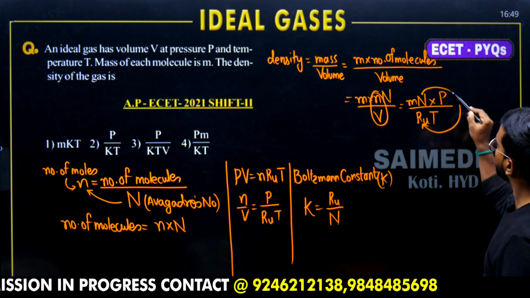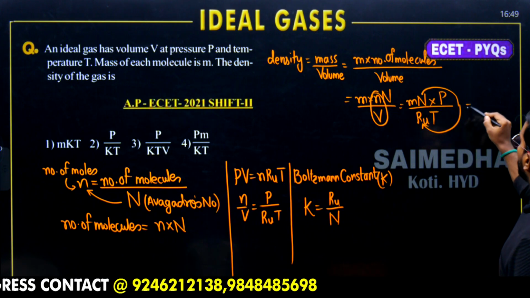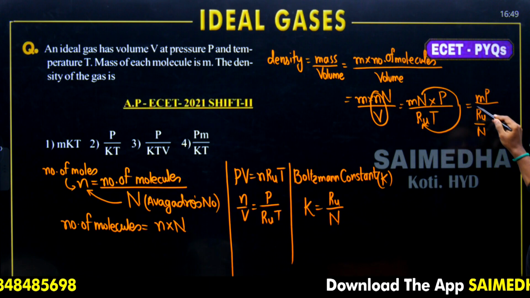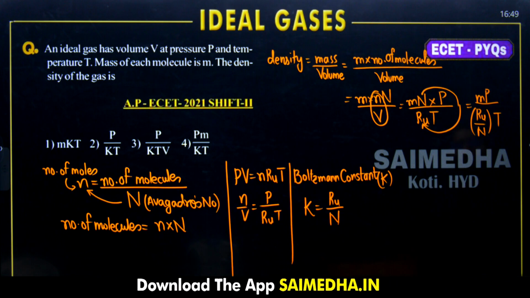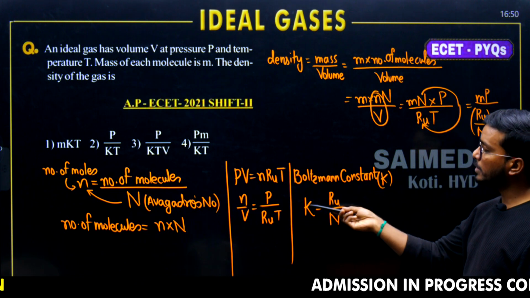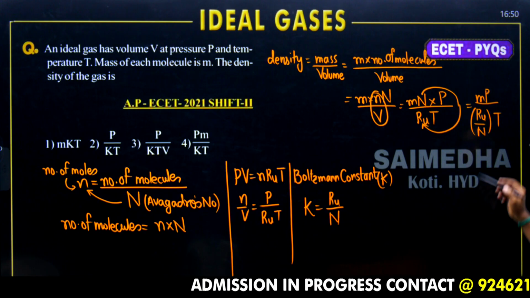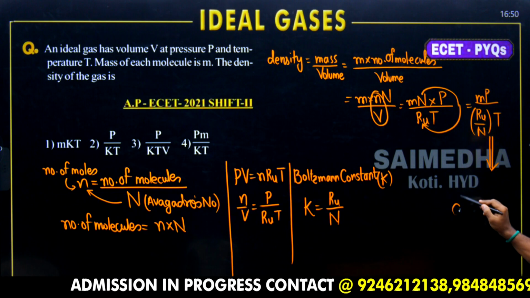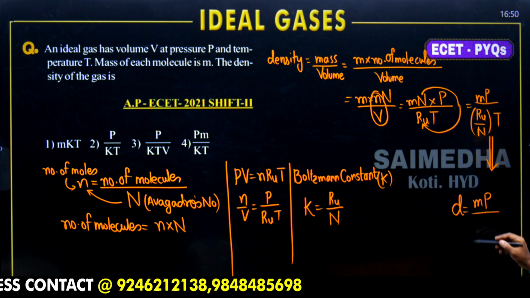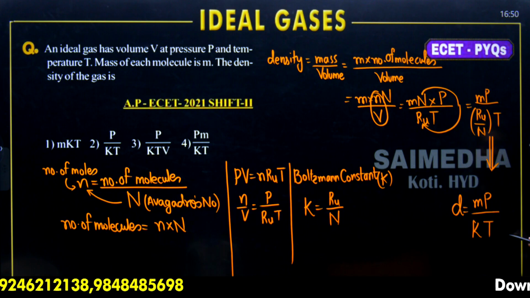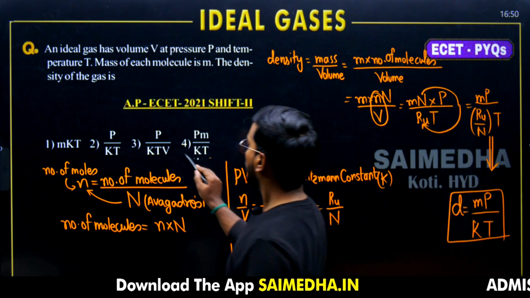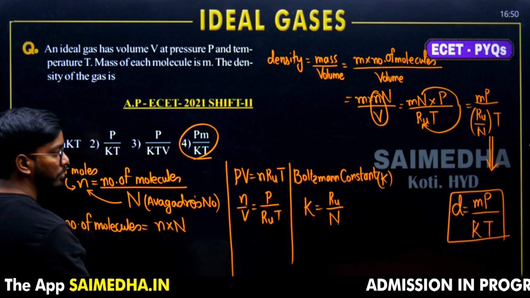So it becomes mP divided by universal gas constant by Avogadro's number times temperature. And we know that universal gas constant by Avogadro's number is called K, the Boltzmann constant. So this is our final answer: density is equal to mass of each molecule times pressure divided by Boltzmann constant times temperature, mP by KT or Pm by KT.